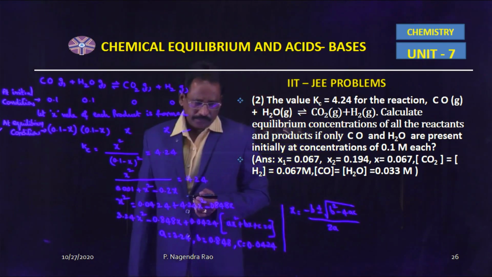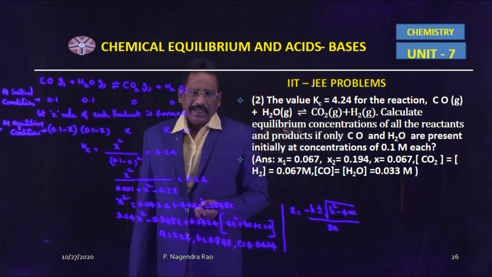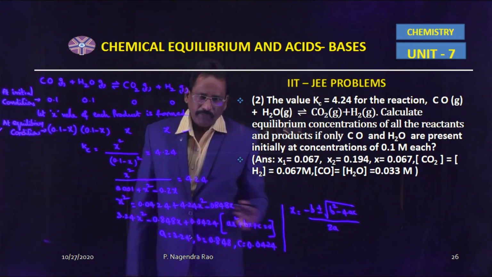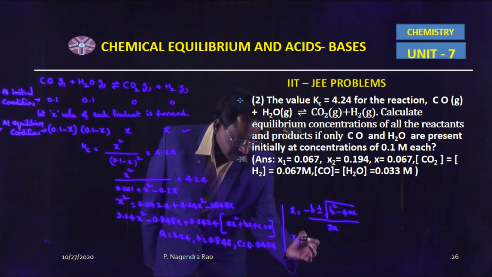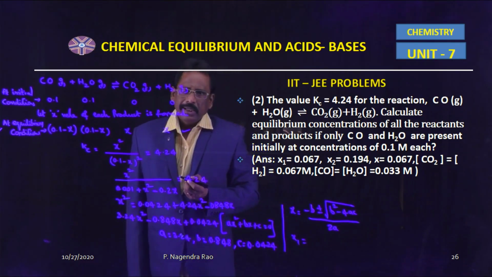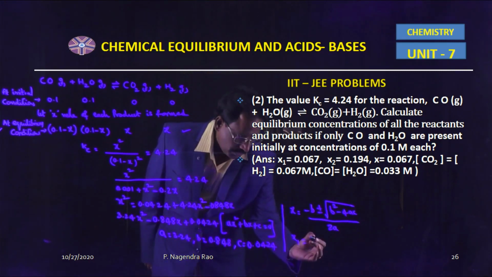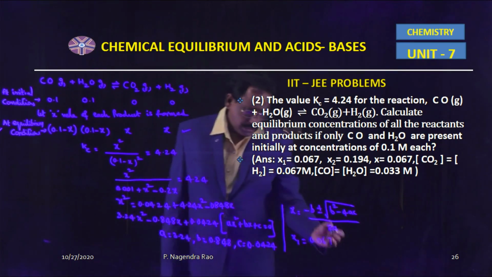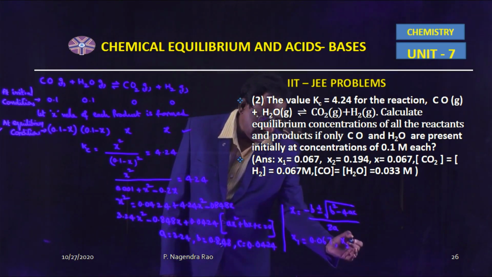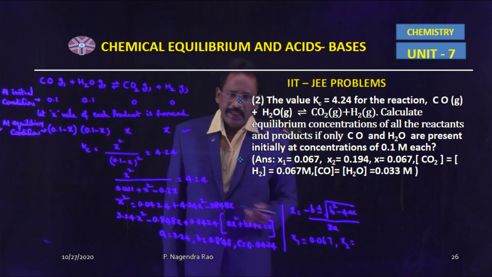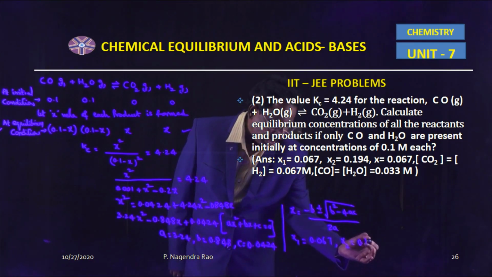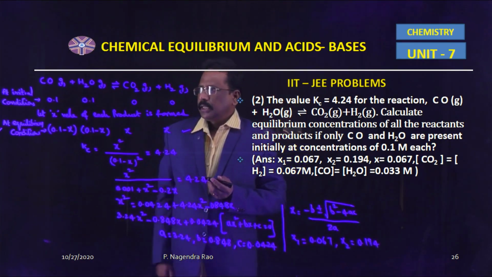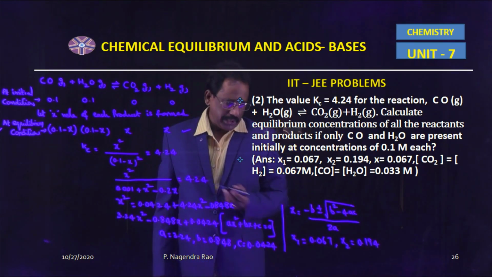Now after the calculation by using ABC values, x1 is equal to 0.067 and x2 is equal to 0.194. This is more than the initial concentration of CO and H2O.